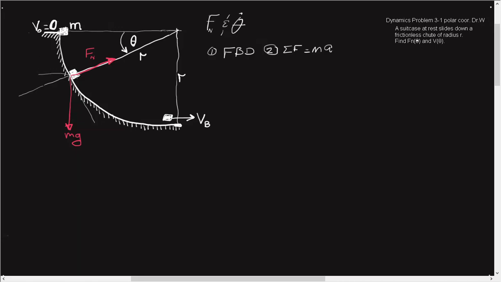if we want to track out where theta is, if theta is here, this angle would also be theta. And that would make, by alternating angles, these are all 90s in here, that would make this theta as well. And from there we can break our mg up into components.